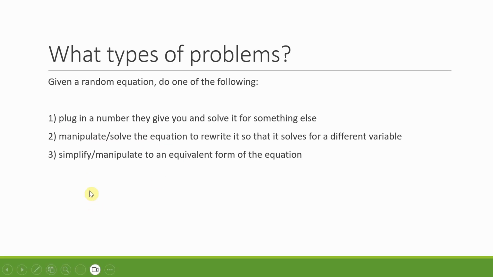And finally, very similar to that, they might ask you to simplify or manipulate an equation or expression to give an equivalent form of the equation. So not necessarily solving for a different thing in there, but rearranging it or simplifying it to a different form.